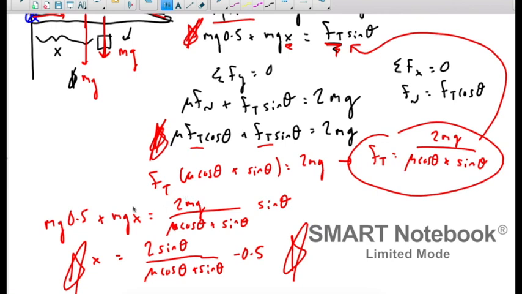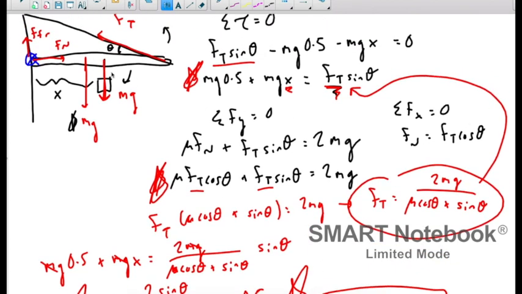I had a mass in every single term, so I was able to cancel out mass, subtract 0.5, and then I was able to solve for x that way. So when you do that, you get an x equal to 0.302 meters. So our guess was wrong. It doesn't matter at all. It doesn't change my diagram or what's happening, but my x value has the thing being less than halfway, so over here.